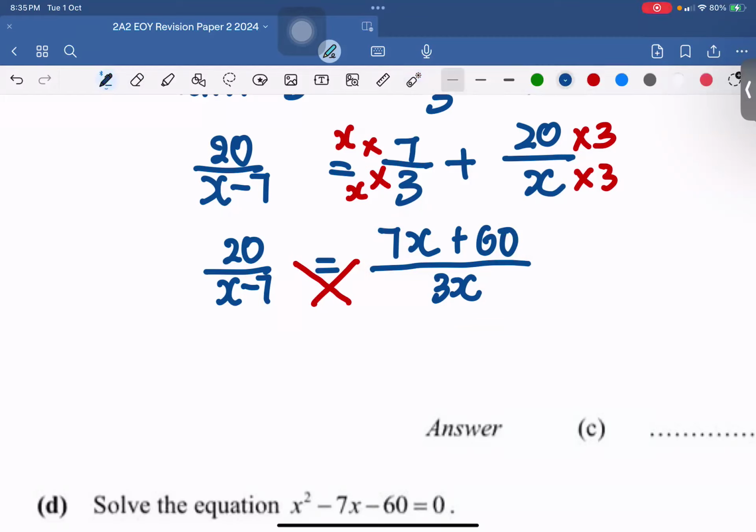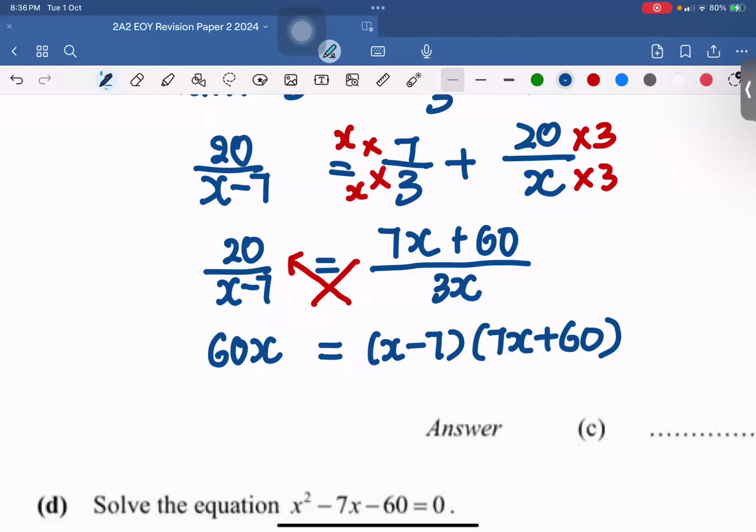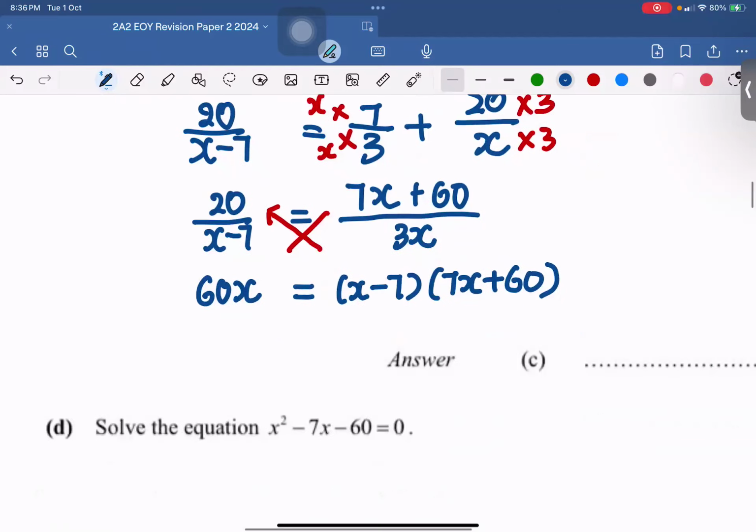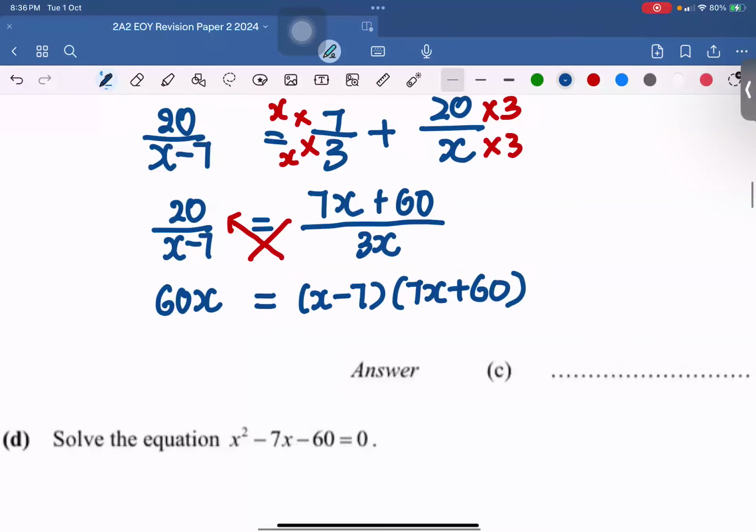Okay, all right, so we cross multiply, the equal sign stays in the middle. 3 times x, 20 times 3x, so it's 60x. Then this is x minus 7 multiplied to the whole of 7x plus 60. What do I need to do now? Expand. Yes, so we shall expand this.